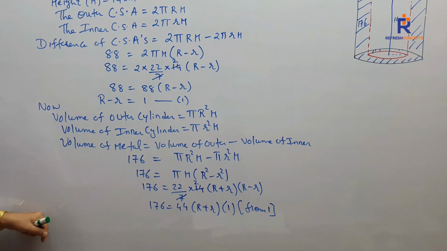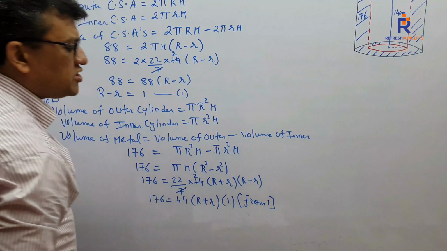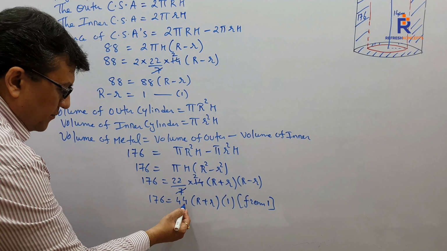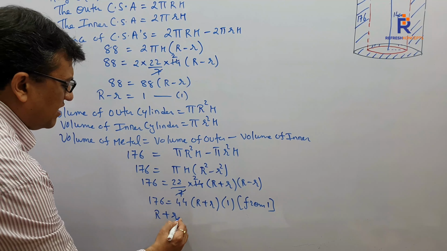Bring this down. What shall I get? R plus r is 176 by 44. On dividing, you will get 4. Equation number 2: R plus r is 4.